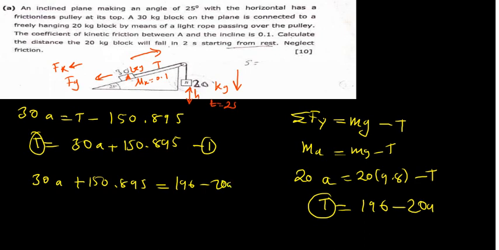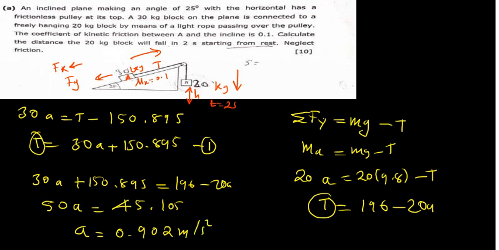So taking this term the other side, 30A plus 20A, that is going to give us 50A, and that will be equal to 196 minus 150.895, which is going to give us 45.105. So the acceleration is going to be equal to 45.105 divided by 50, which is 0.902 meters per second squared.